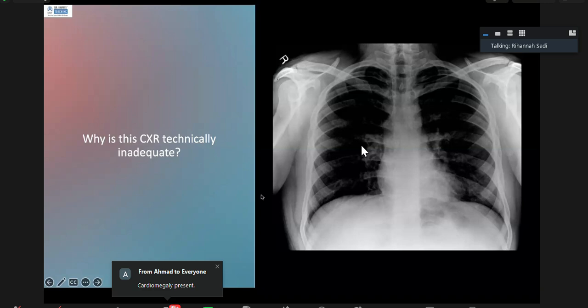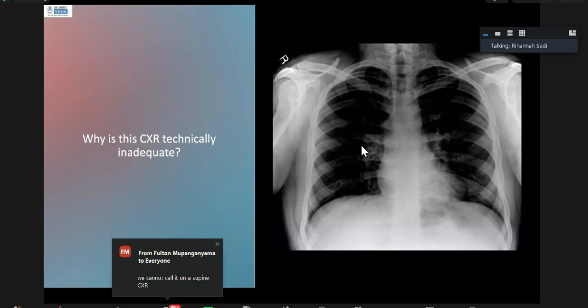And in this next chest X-ray, could you please comment on the reasons why you think that it's technically inadequate?